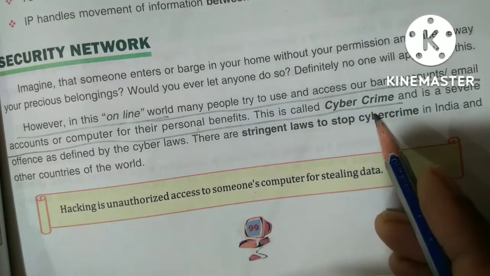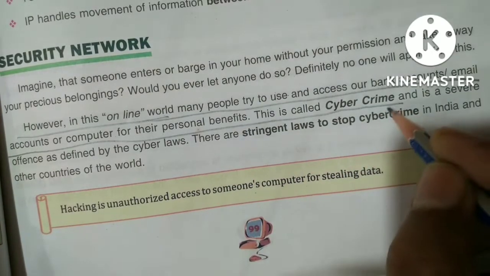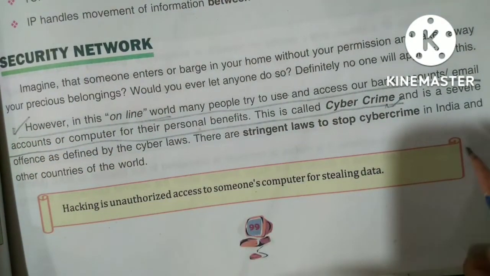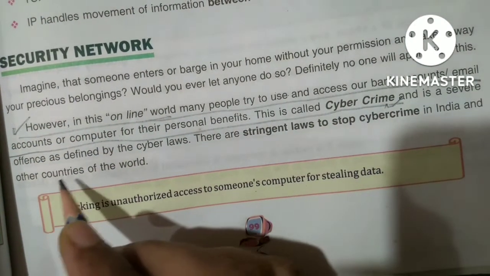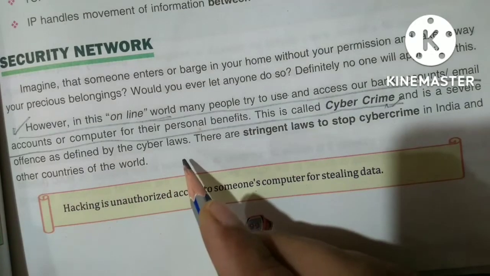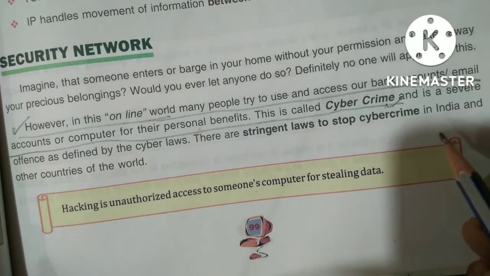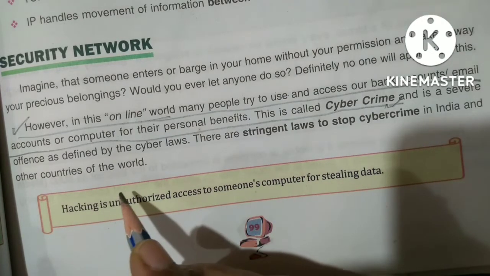This is called cybercrime. Try to keep the definition of cybercrime in mind. It is a severe offense as defined by the cyber laws. There are stringent laws to stop cybercrime in India and other countries of the world.